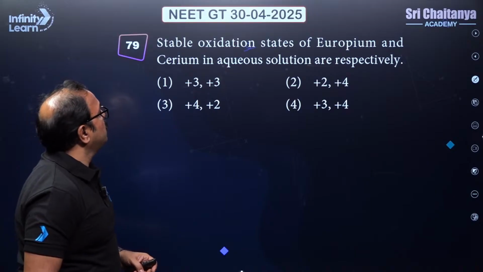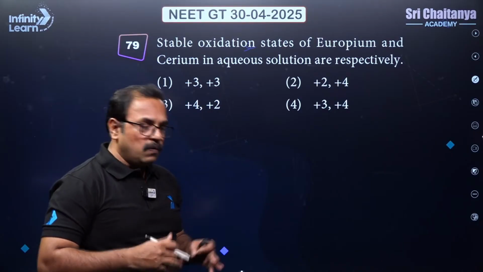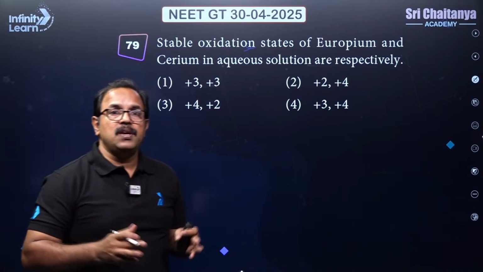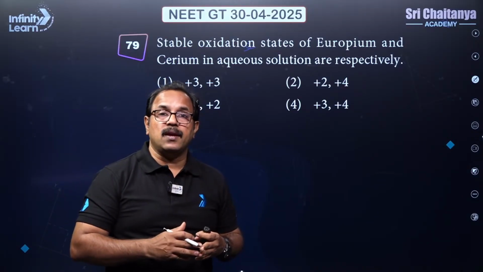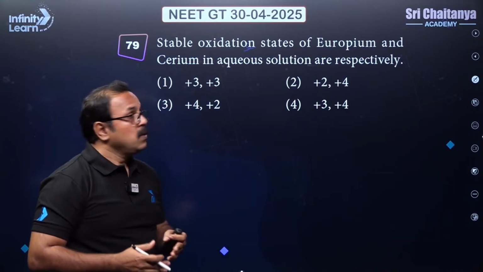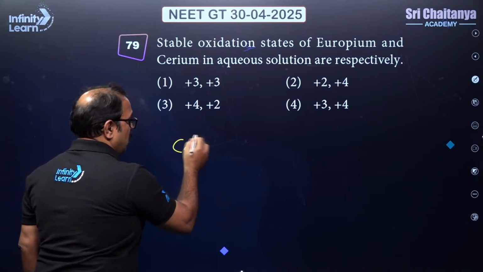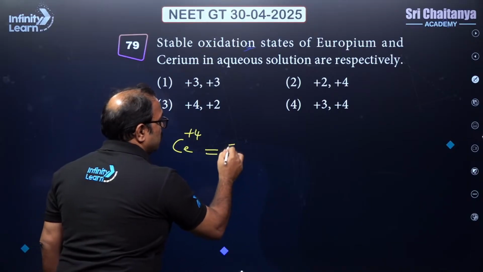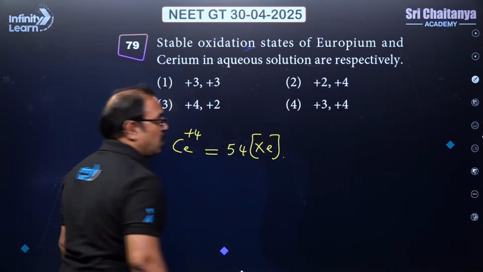Oxidation state of europium and cerium in aqueous solutions are respectively. In lanthanides, they always mention in the table they have given, in the points they have mentioned that +3 is a common oxidation state of lanthanides, +2 is a common oxidation state in the case of D block elements, because very commonly you see +2. Here you have to understand cerium with +4 is equal to xenon configuration, that is 54, which is equal to xenon.